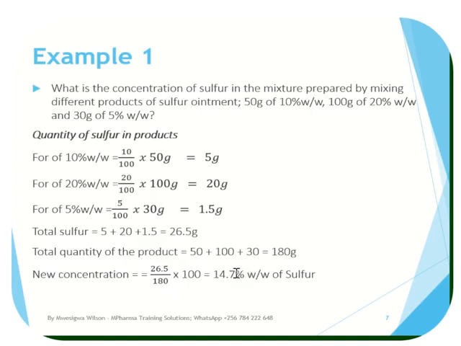Then your answer has a percent weight in weight. Ensure you transfer all this information on sulfur. So after mixing these products above, the total concentration of the mixture would be 14.7 weight per weight sulfur.